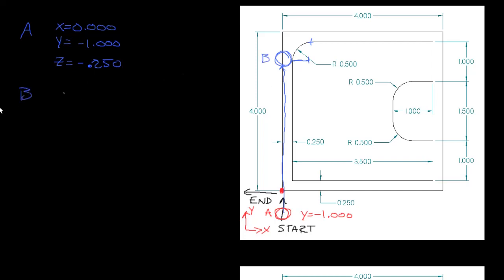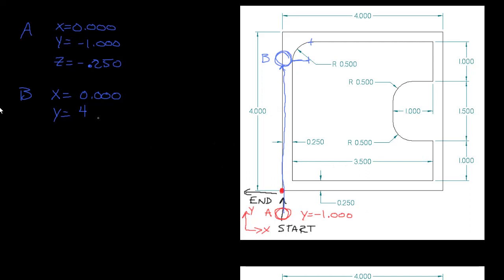So point B is equal to x equal to 0.000 and y is equal to, well, let's do a calculation here. So I know that this block is 4 inches, and there's a couple different ways that you could do this, but I'll do the more direct way, the way with the dimensions.